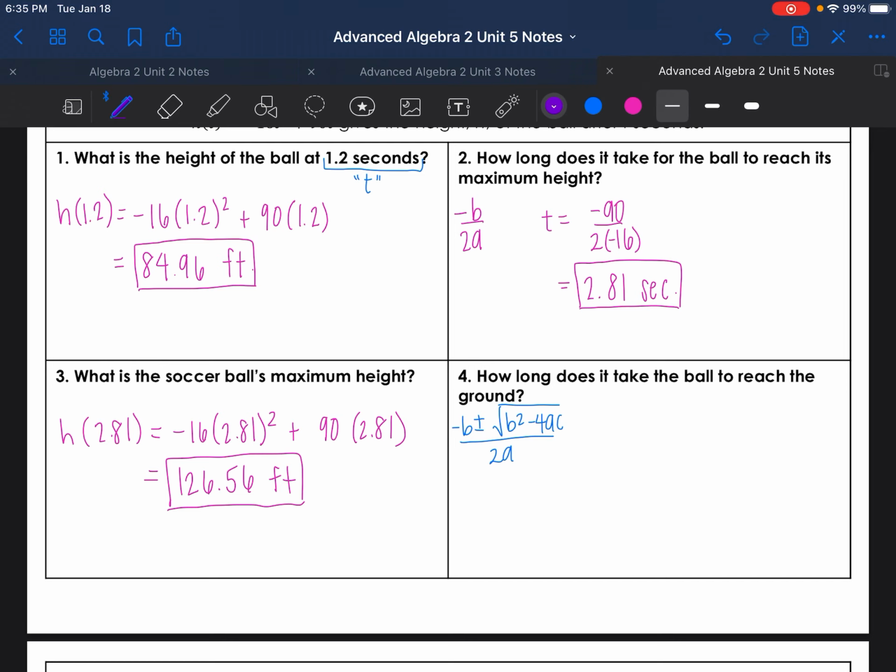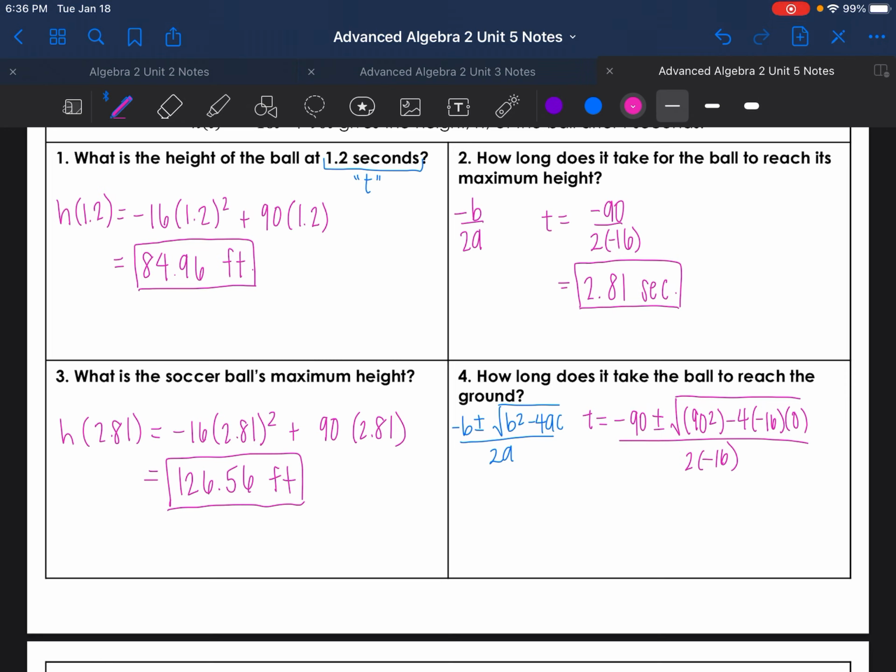So this would be negative 90 plus or minus the square root of 90 squared minus 4 times negative 16 times 0, my c was 0, all over 2 times negative 16.